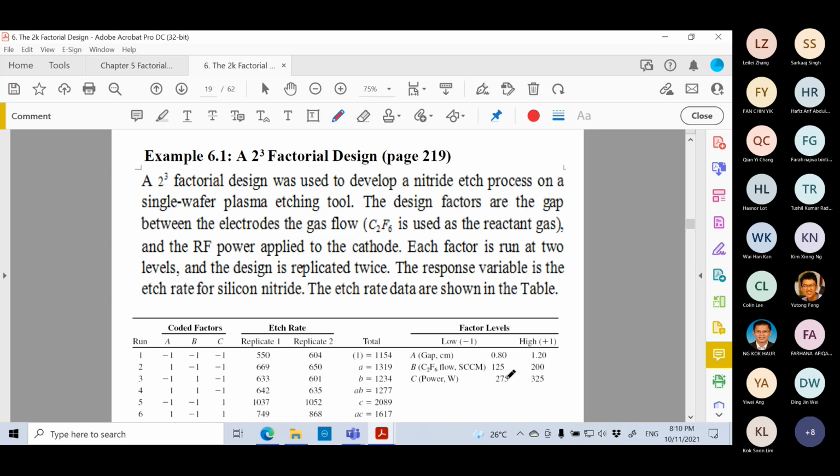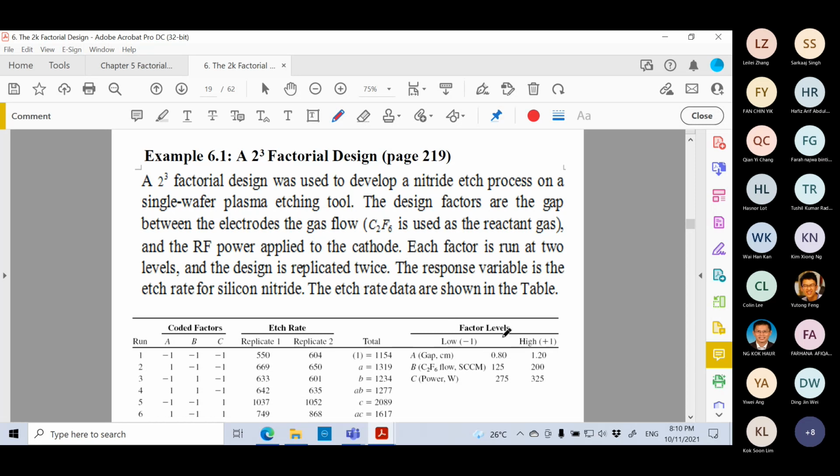We expect that if there is no difference between these 2 levels, then in between there is roughly no difference. This is why we use the 2 to the power of k factorial design, to try to screen out the factors.